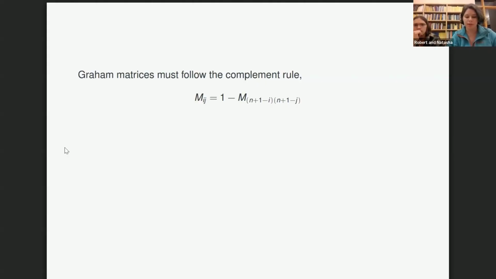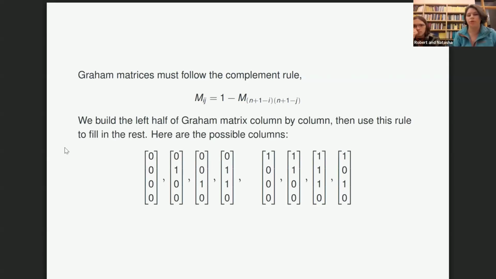So this rule tells us that when we input our matrix column by column, we only really need to fill in the left half. Once the left half is filled in, this rule allows us to fill in the rest and guarantees the congruent pieces part. Now we just have to deal with the fact that they need to also be connected.